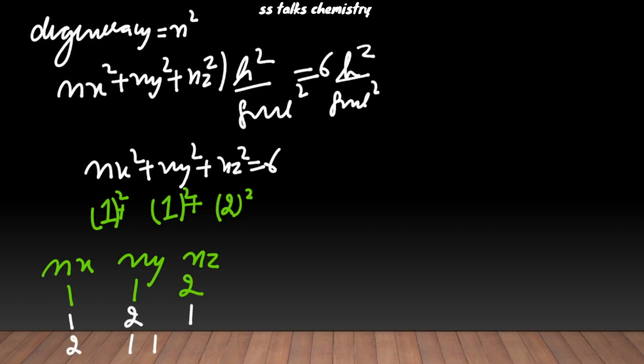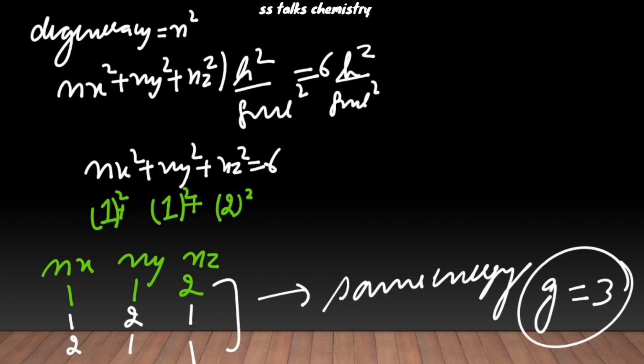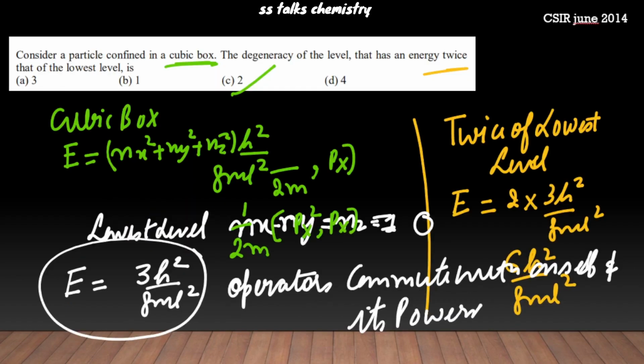All these three levels give the same energy, 6h square upon 8 m l square, which means the degeneracy is 3 in this case, right? So based on this, the correct answer is option A.